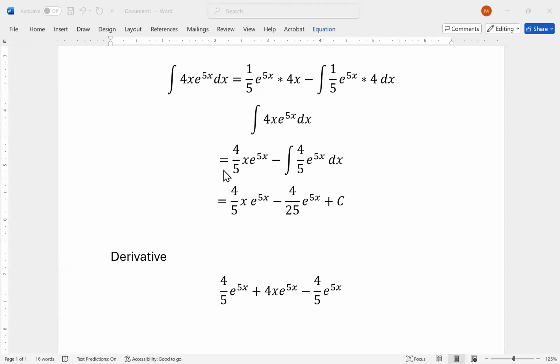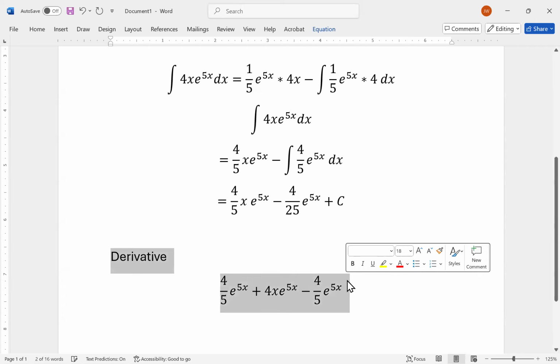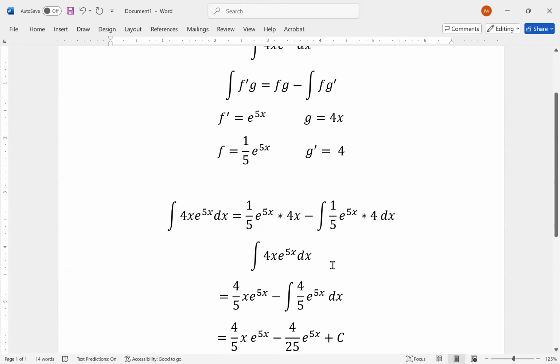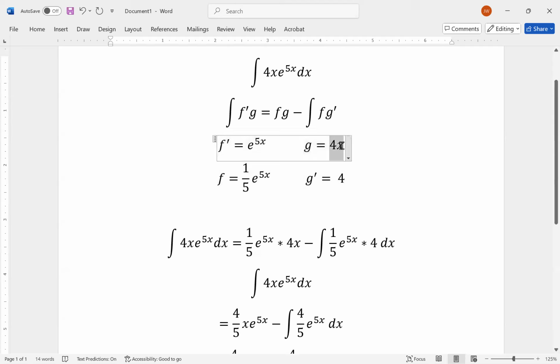So that's the idea of integration by parts. Now, in this case, I had a linear polynomial along with an exponential function, and I let my linear polynomial be my g, my exponential function be e to the 5x.